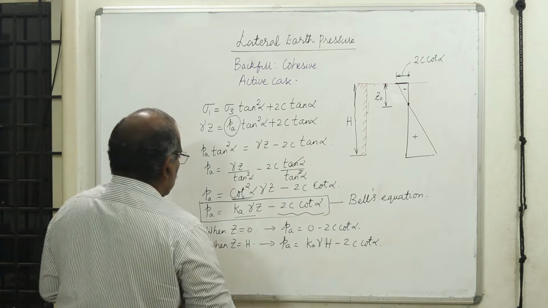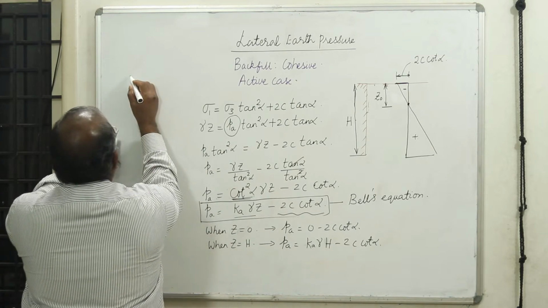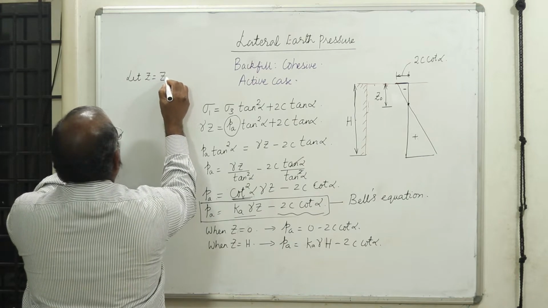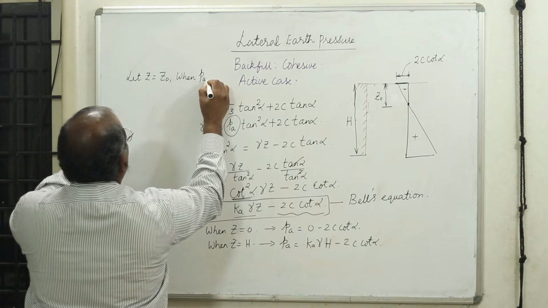Now to find out that Z0, let z equal Z0 when PA equal to 0.